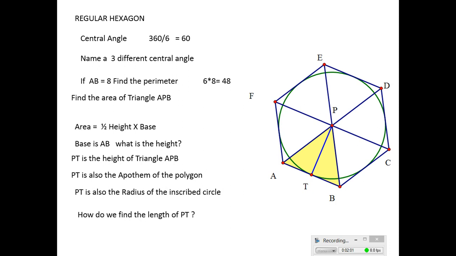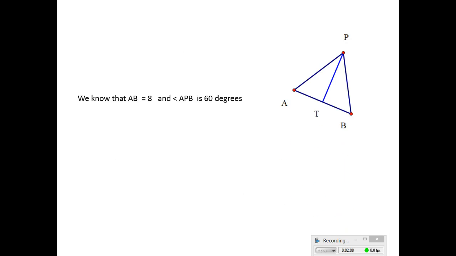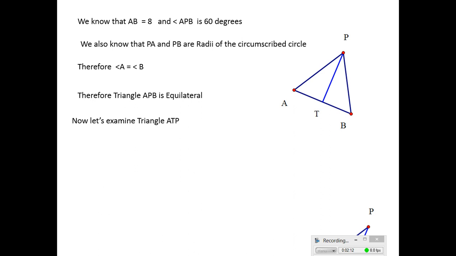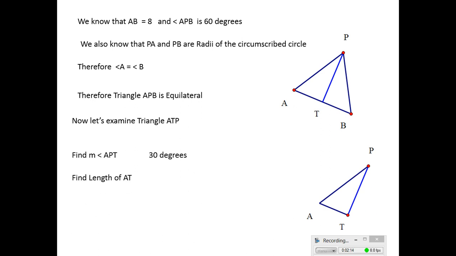That height PT is also called the apothem of the polygon. So if you remember, we found that apothem using the 30, 60, 90 triangle principle, and we were able to find that the apothem, that length PT, was 4√3.